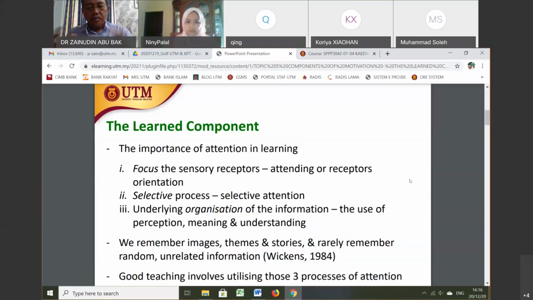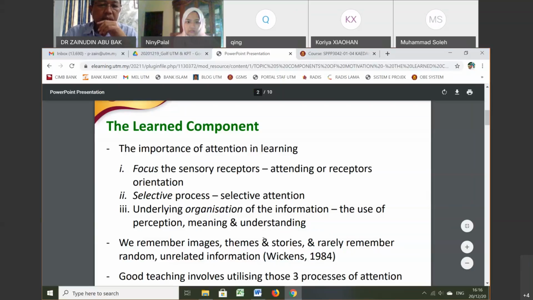They have specific characteristics that can influence how we memorize and understand specific information. But this just highlights that good teaching involves utilizing those three processes of attention. So in order to teach effectively, at least we should consider these three processes of attention.